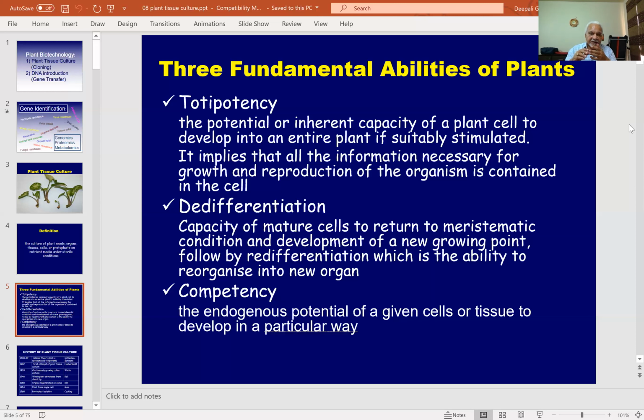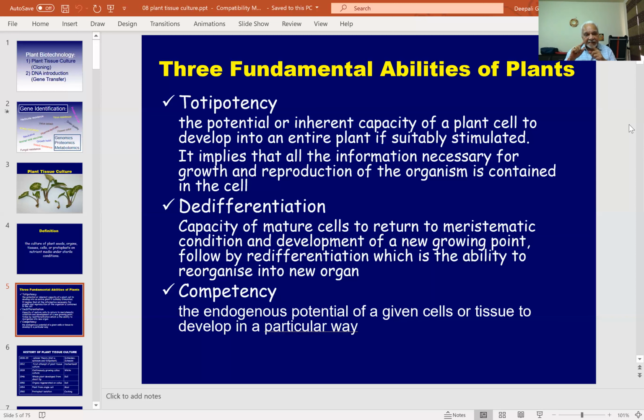Means these cells undergo dedifferentiation to form a mass of cells, what we call callus. So this is another ability of a plant cell, that it can undergo dedifferentiation. Again, the growth conditions have to be appropriate for cells to survive and undergo dedifferentiation.